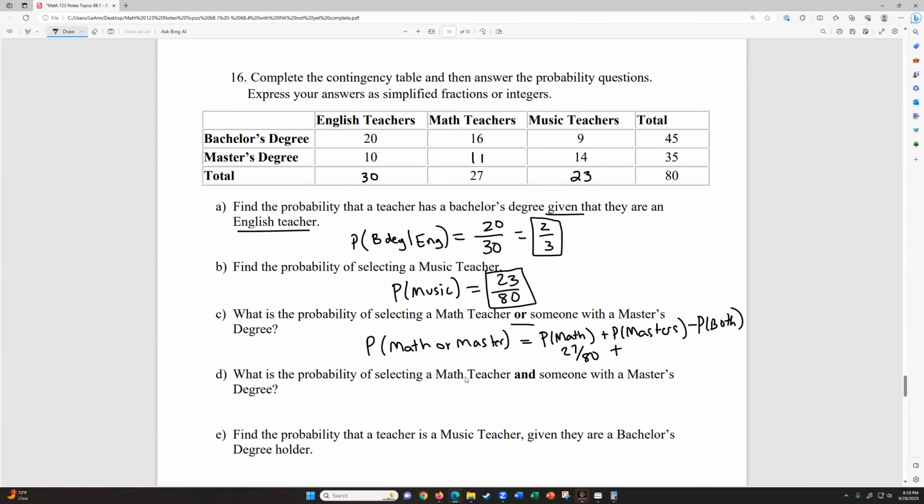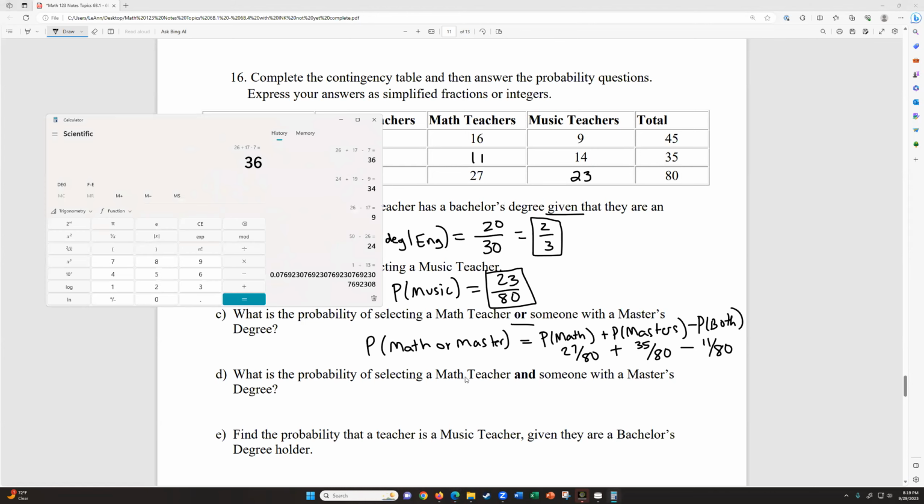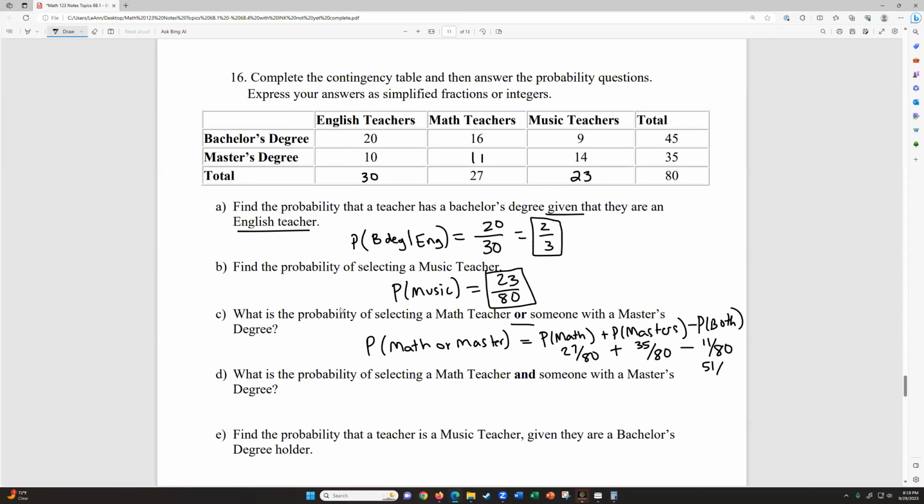Teachers with master's degrees is 35 out of 80. People who are math teachers and have their master's degree, we counted twice. So that is 11 over 80 that we need to subtract. So 27 plus 35 minus 11 is 51 out of 80.